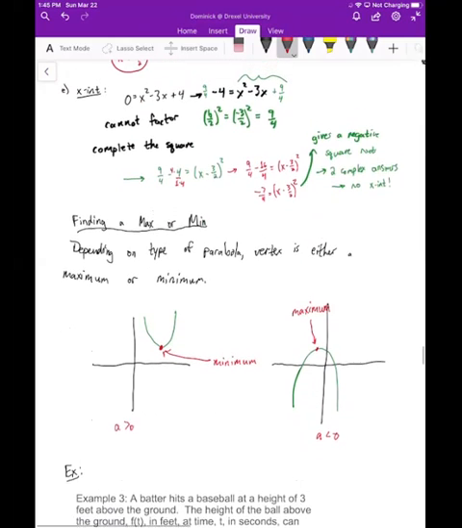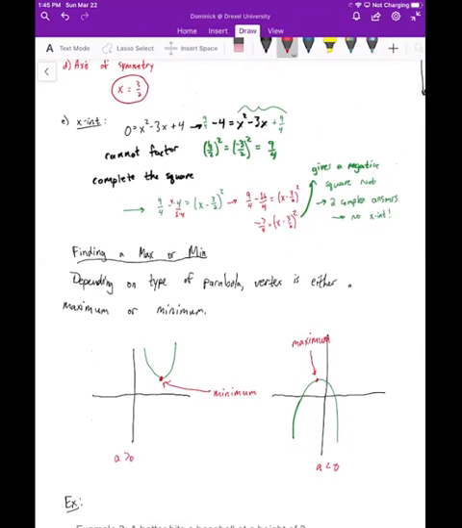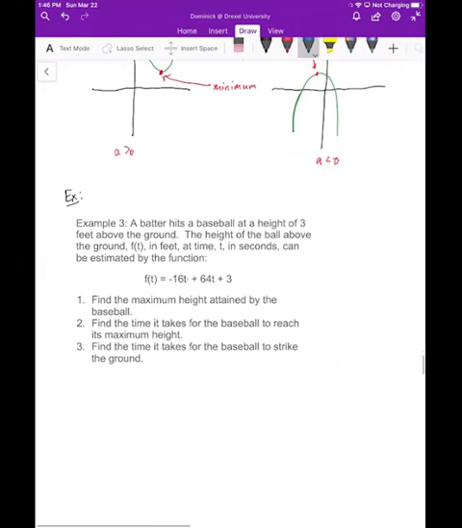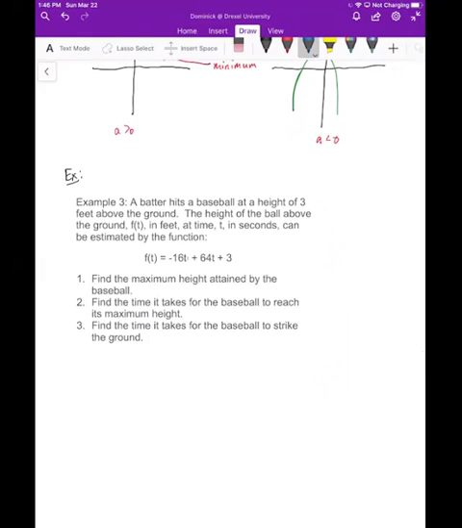Okay, now the last thing that we need to discuss here, at least in terms of graphing quadratic equations in this form, is, again, just a reminder that depending on the type of parabola, your vertex either represents a minimum or a maximum. So we can sort of use that to our advantage. So for example, we're saying that a batter hits a baseball at a height of 3 feet above the ground, and we can represent the height of the ball, so this is another projectile motion, as negative 16t squared plus 64t plus 3.